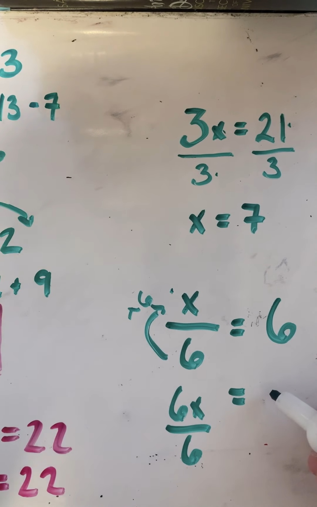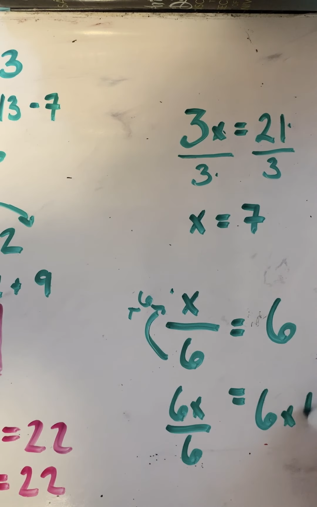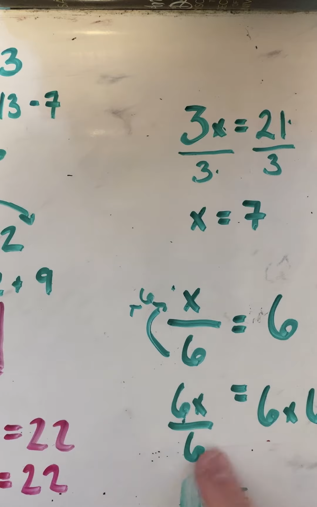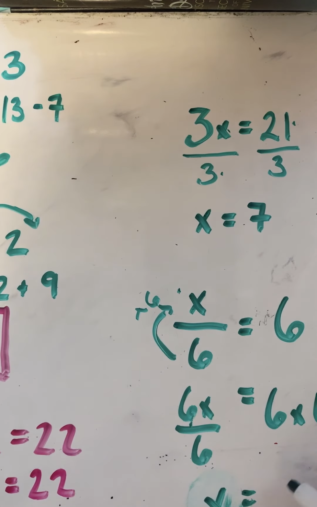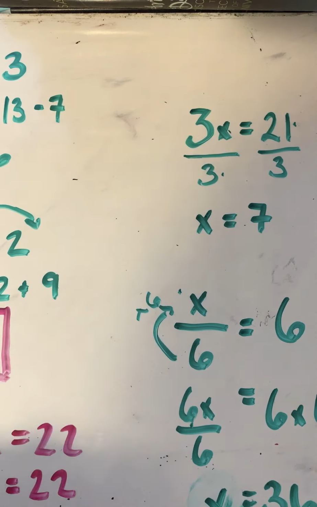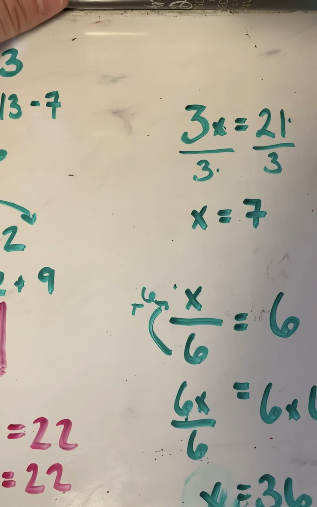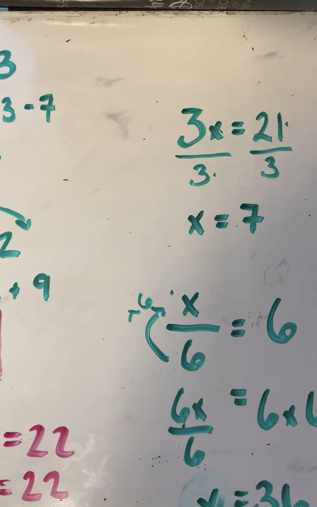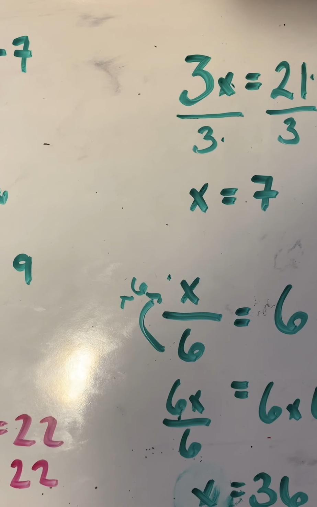It looks like this: 6x divided by 6, and then 6 times 6. So our next line would be x equals 36. I don't know if you can see that from where I'm at, but x equals 36. It's a smaller board today for some reason.